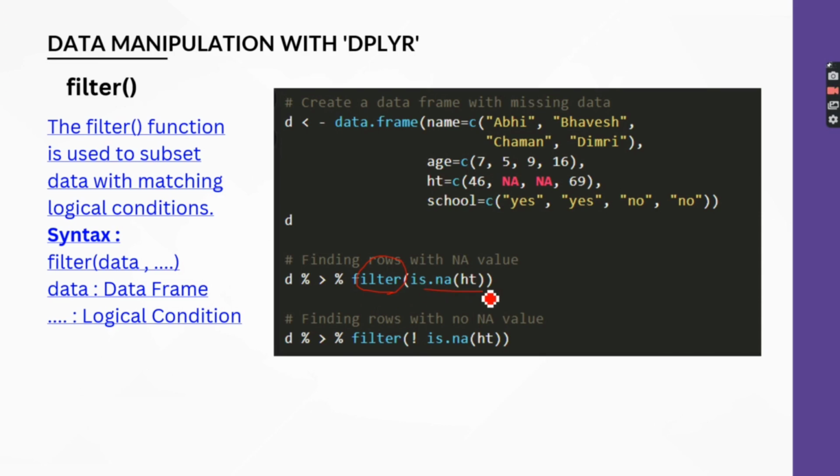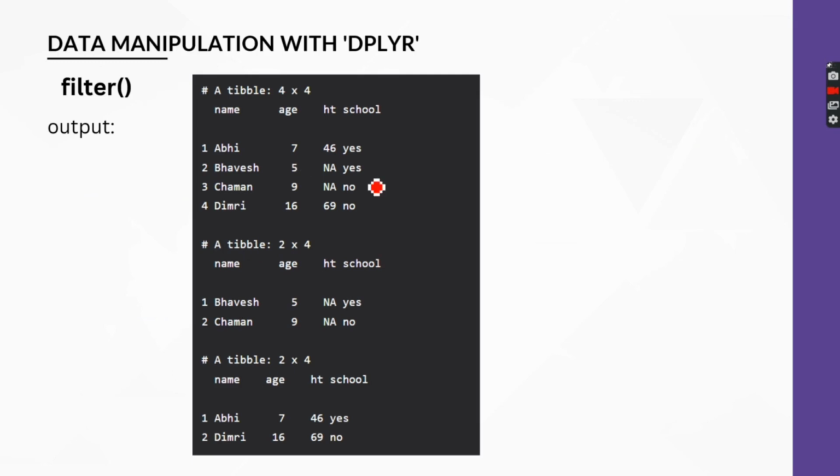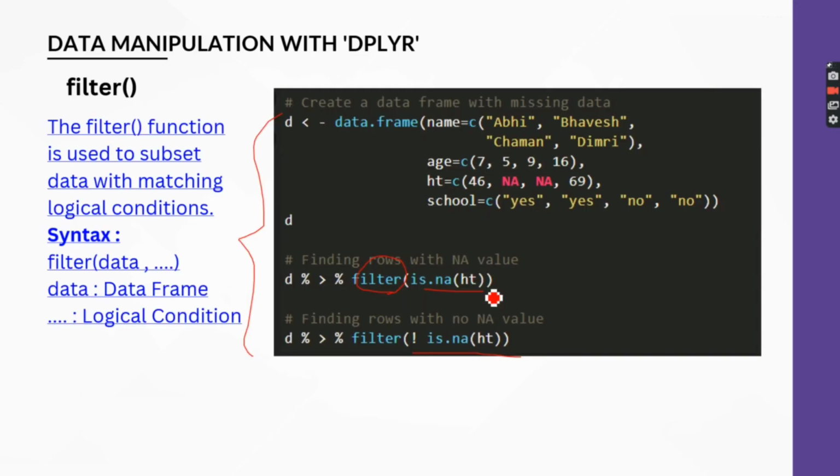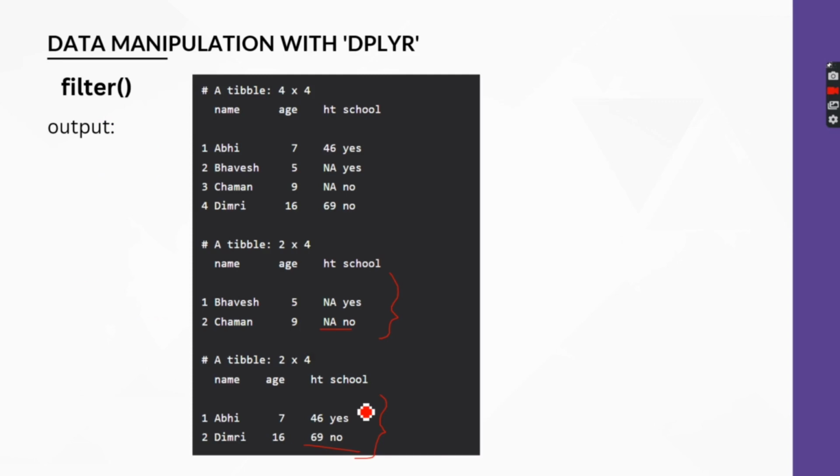For example, we use HT with NA values, and with no NA values, finding the rows with no NA value. The output of the given functions will be something like this. We get this with NA values only, and this with no NA values. So this is how we filter data.